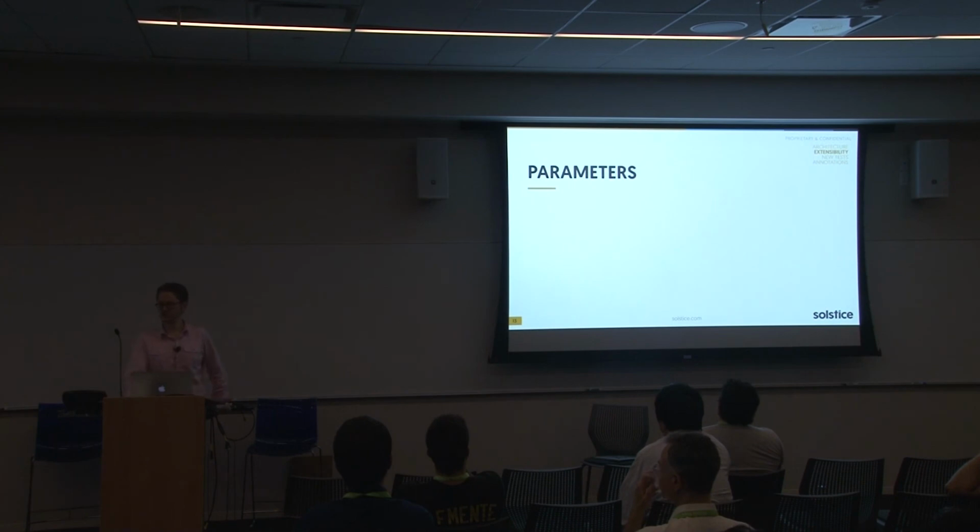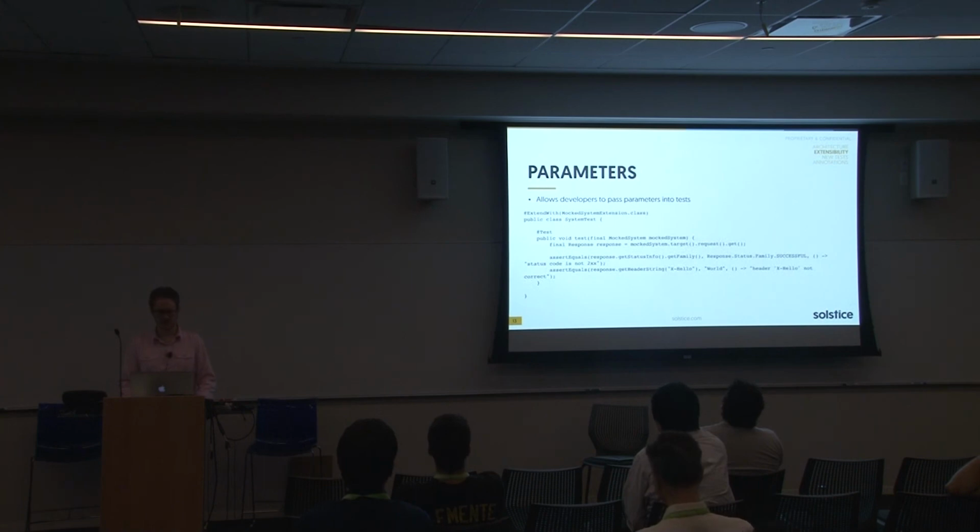I mentioned some of the even more interesting things you can do with the new extension model, and I think this is my favorite. It gives you the ability to pass parameters into your test methods. So you can see in this example, you are extending with the mocked system extension.